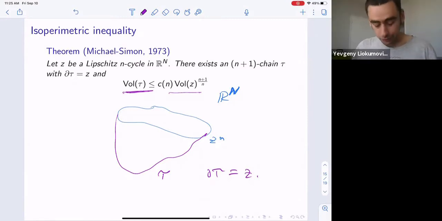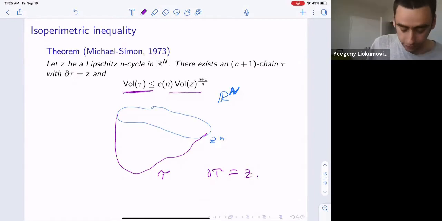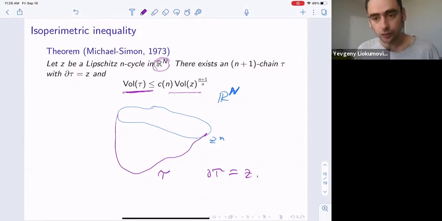So this inequality was later revisited by Gromov in his proof of the systolic inequality. And in his context, he actually needed to consider an infinite dimensional Banach space instead of R^n, because he took the manifold and used the Kuratowski embedding into the space of L infinity functions. And he proved a similar inequality in that setting. And there is a more recent proof of this result by Stefan Wenger, which is very nice and short.